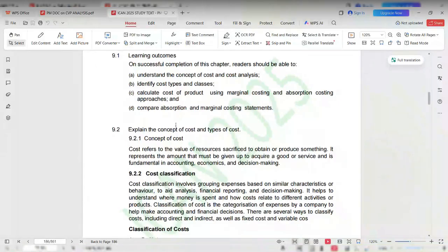For those of us working in accounting departments in various organizations, if you check their finance reports, they also classify expenses: this one is maintenance expenses, this one is finance expenses, this one is administrative expenses, etc. So in performance management, in management information systems, even in cost accounting, we have classification of cost.